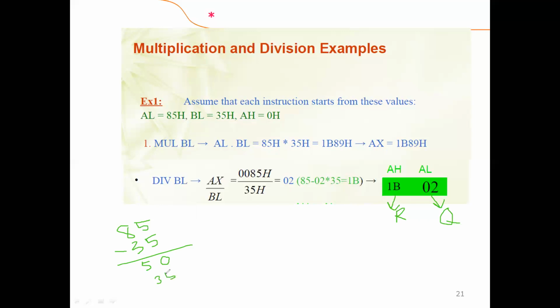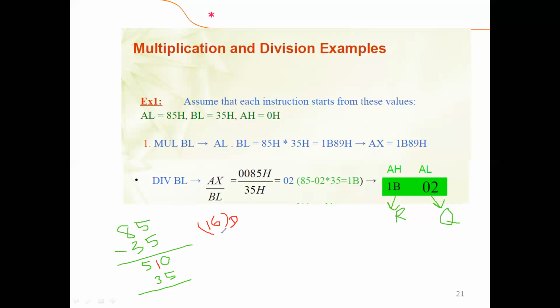Here we need to take a borrow. So 10 minus 5 is there. Now 10 is in hexa, so again we need to take care. In hexa, 10 represents 16 of the decimal number system. 16 is in decimal and 10 is in hexa. So if we perform 16 minus 5, what will we get?